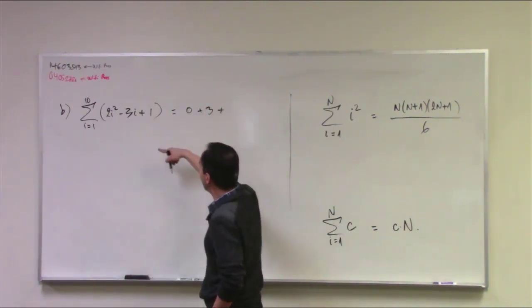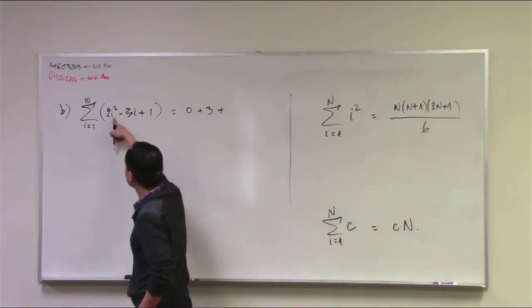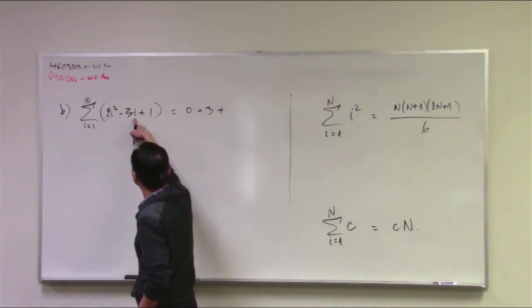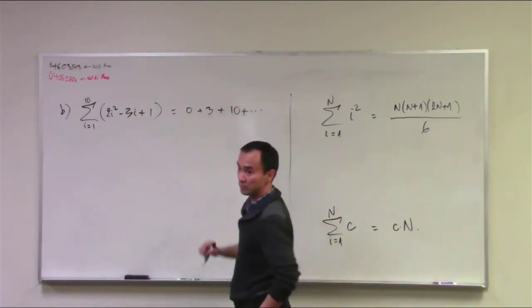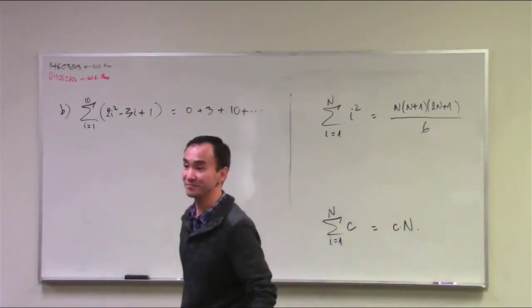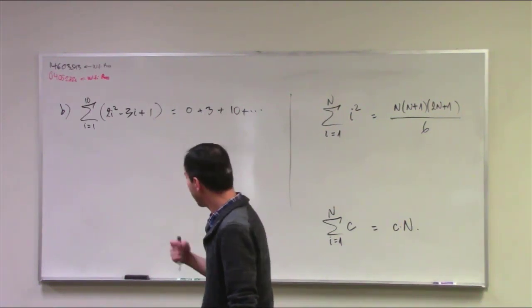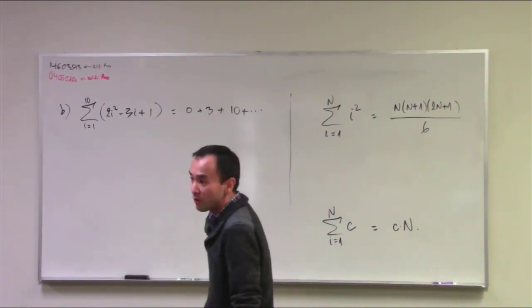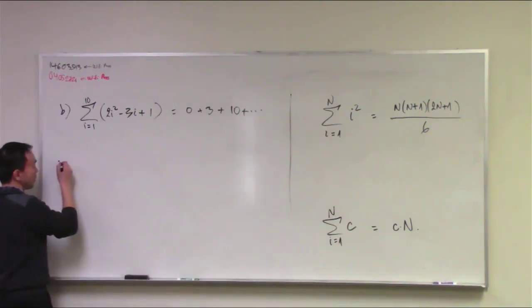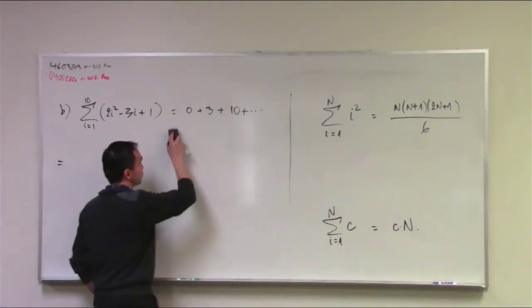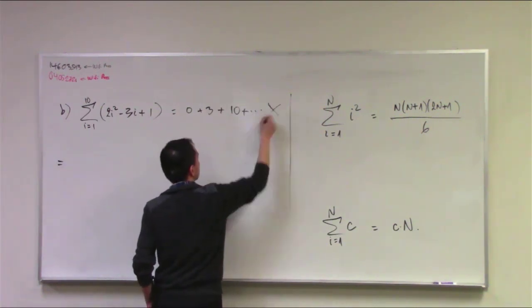And then when i was 3, that's 9 times 2 is 18, minus 9 again, that's 9 plus 1 is 10, and so on and so on. But you got a lot to go, right? So we got to figure out each term, and then add up all the terms, because it's too much for us. So we're going to use all the properties we've learned together. Of course, that route is out for us.